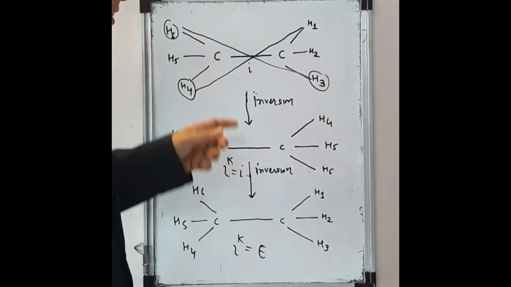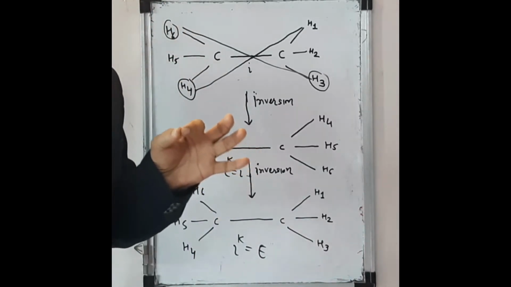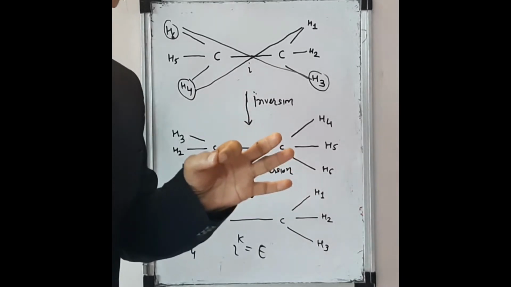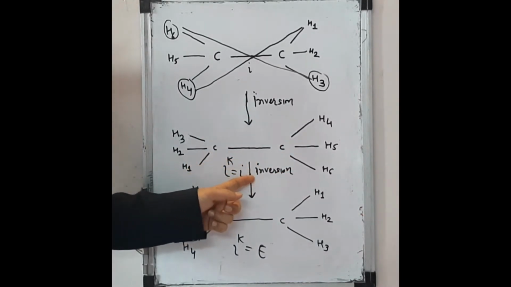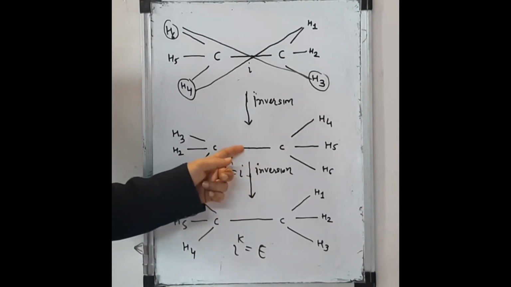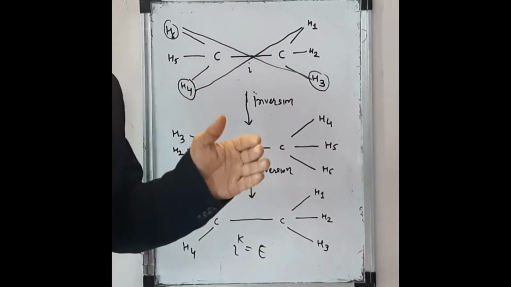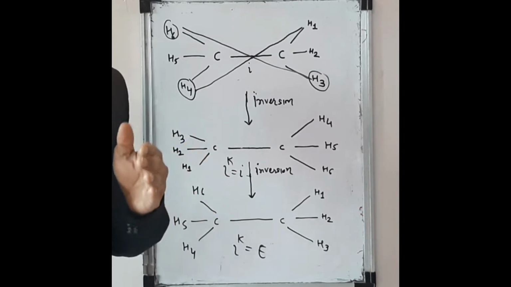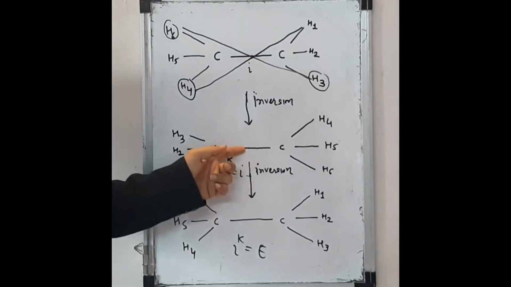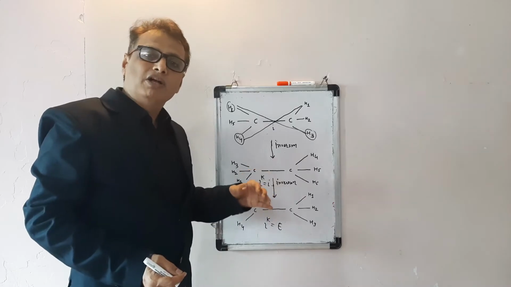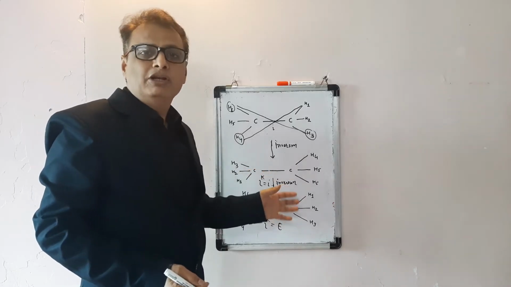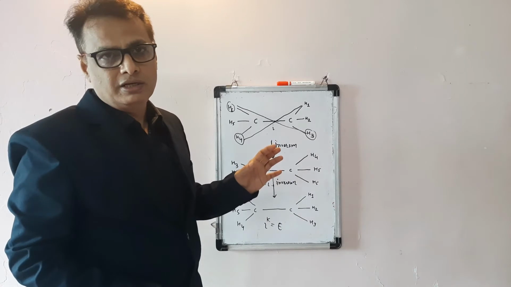Once again, when k has the value 1, 3, 5, 7, 9, 11, 13, 15, then you will get the equivalent configuration. And if I^k is equal to E, then you will get the original configuration.